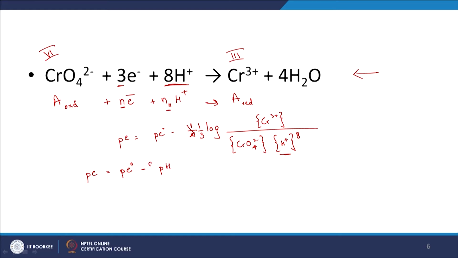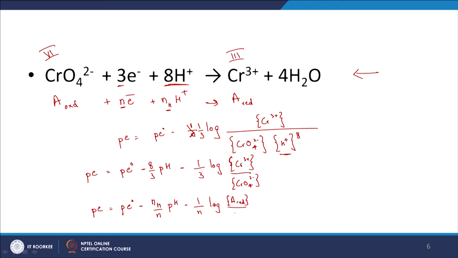So, it is going to be 8 by 3, minus 1 by 3 log Cr3+ by CrO4 2-. If I want to write the generic term for this, obviously pe is equal to pe naught minus nH by n into pH minus 1 by n log activity of the reduced form by activity of the oxidized form.